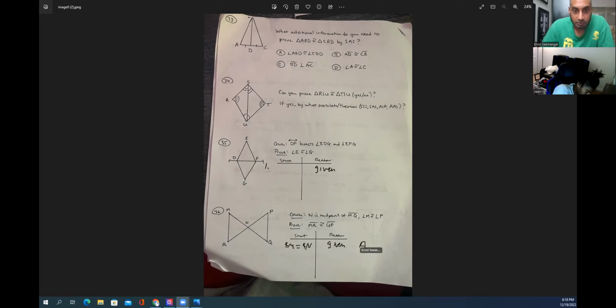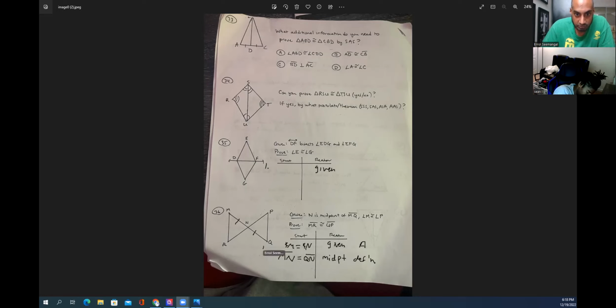Now you're gonna write what you wrote. You're gonna say MN, that line segment, is equal to line segment QN by definition of midpoint. That's two.